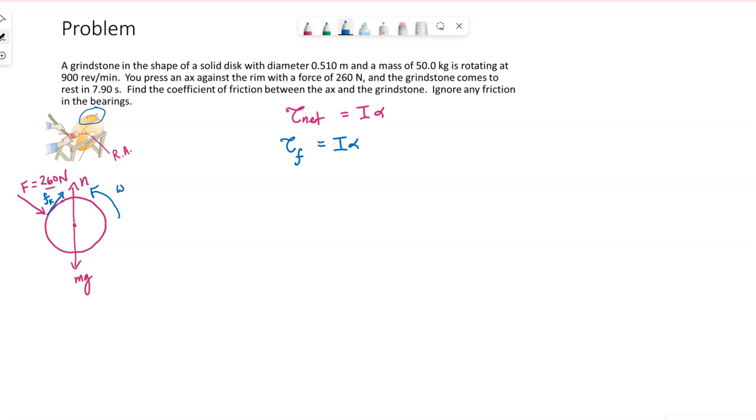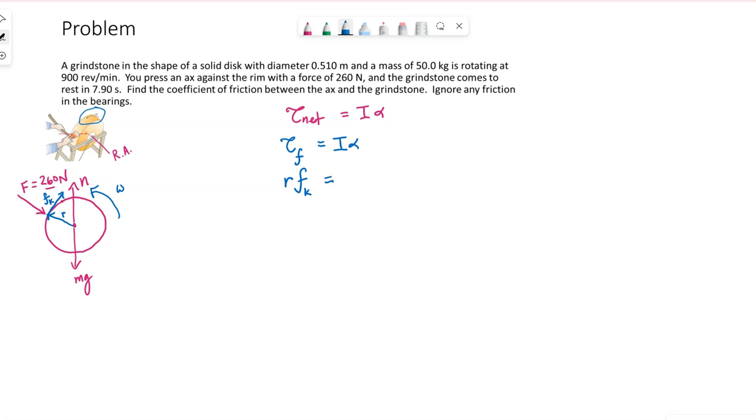All right, so torque due to friction would be the lever arm, so the line from the rotation axis out to the force, times the force, times the sine of the angle between them, but they're already perpendicular. The force of friction is acting tangent to the disc, and the radius goes out perpendicular to that.